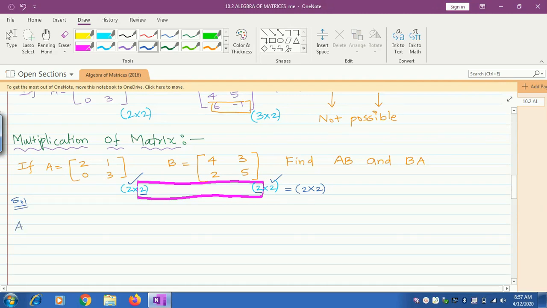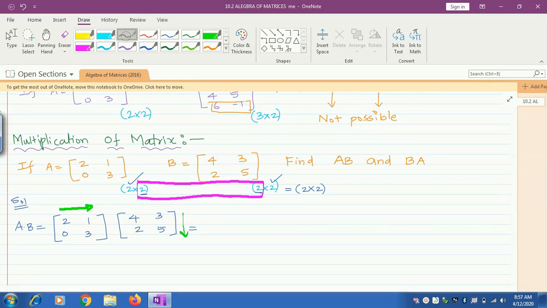So first of all, we will discuss A dot B. This is a multiplication of 2, 1, 0, 3 and here the product 4, 2, 3, 5. Now how will you do this one? Just take the row and multiply with the column. So how will you write?